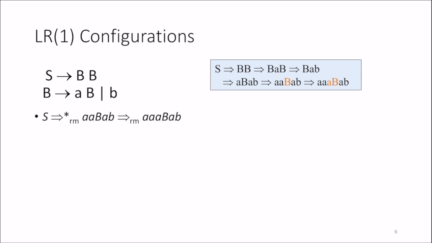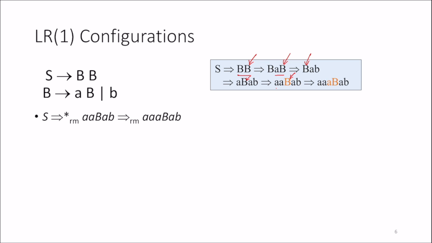S goes to BB, BB goes, so essentially I take the symbol and replace the rightmost one with AB, and then I replace this rightmost one with a B, I replace this rightmost one with an AB, and replace this one with AAB again, and then I replace this one with an AB.